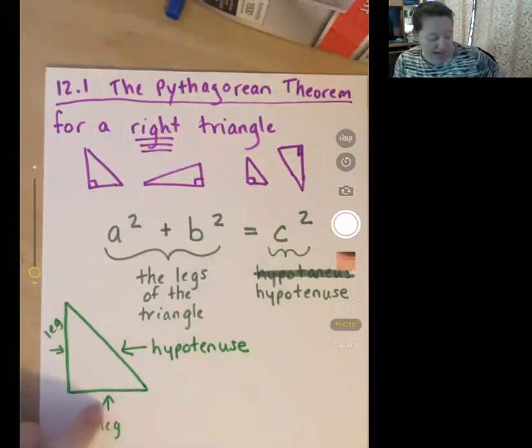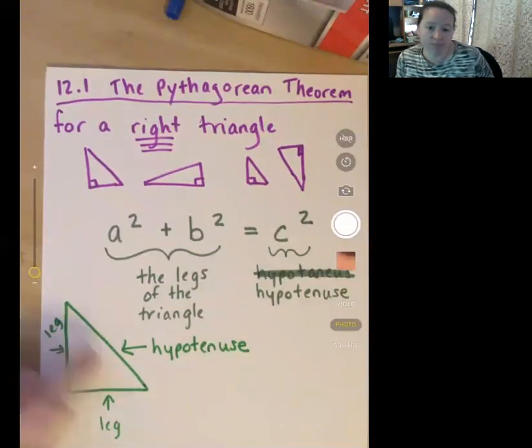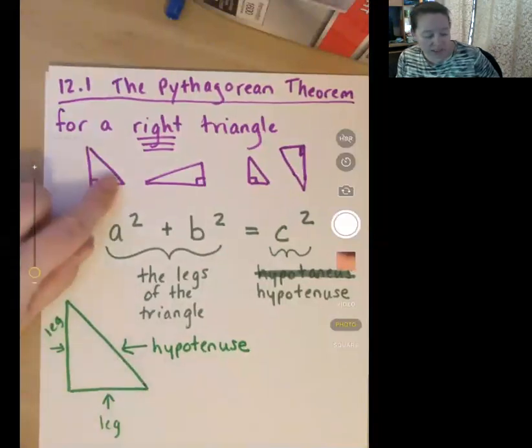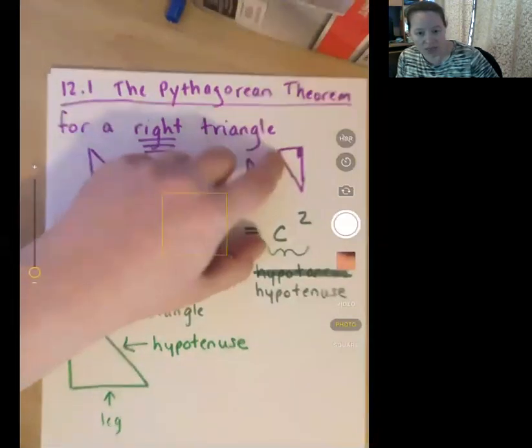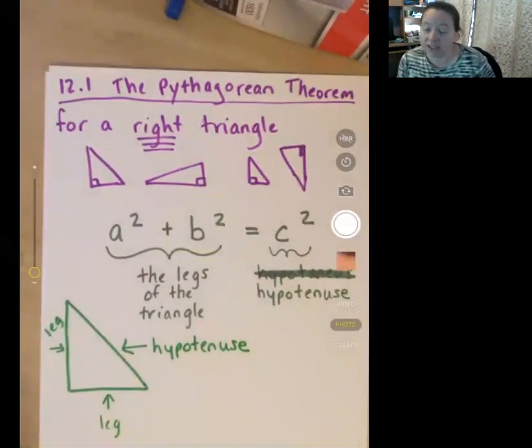If you want this to be A and this to be B, that's fine. This is always C. You see how it's so much longer than the other two? The long one is always the hypotenuse. Always, always, always.